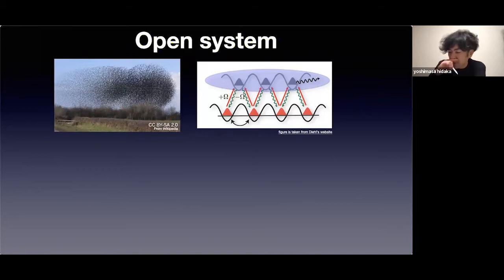Another exotic system is the so-called active matter system. These are birds. This is an active particle. They move by using their internal energy.